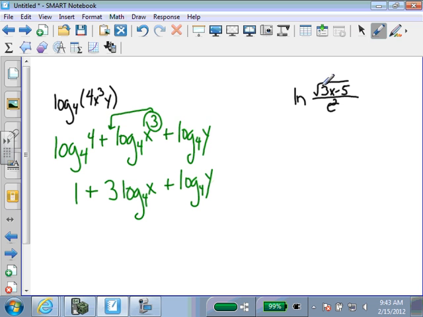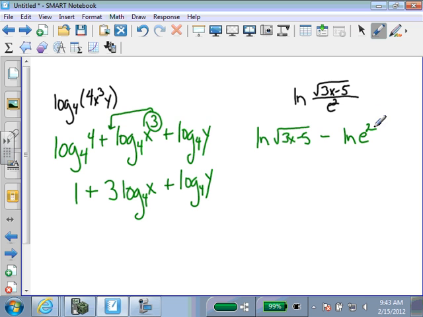Natural log of the square root of 3x minus 5 over e squared. That's a quotient, so I can expand that as natural log of the square root of 3x minus 5 minus natural log of e squared. Let's take the easier part first.